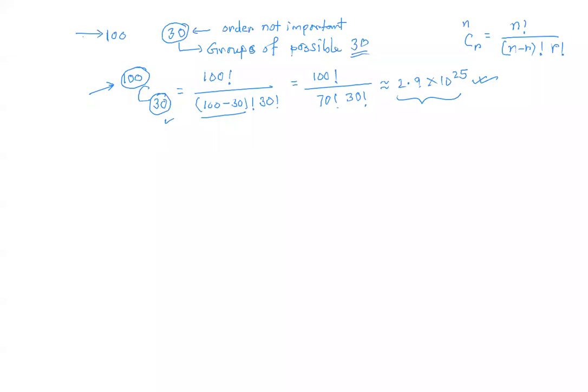So the moral of the story is this. If you are selecting items from a population, you have many, many ways of doing it. Now, for this simple example, you have just 100 items in the population, and there are 2.9 times 10 to the power 25 different ways of picking groups of 30.